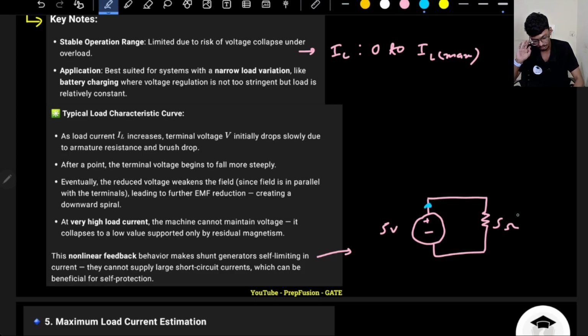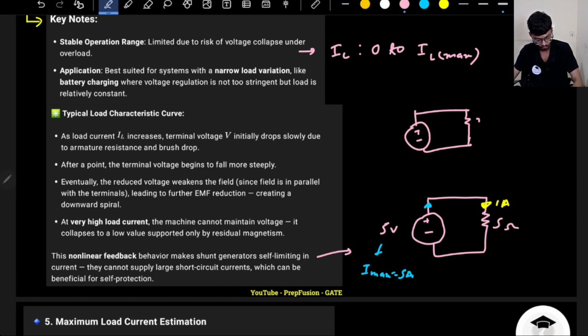Now if the 5 ohm load is connected, the current flowing is 1 ampere. If I reduce the resistance to 2 ohms, the voltage is still 5 volts, and the current will be 2.5 amperes.